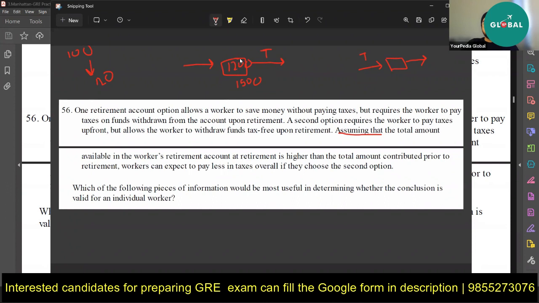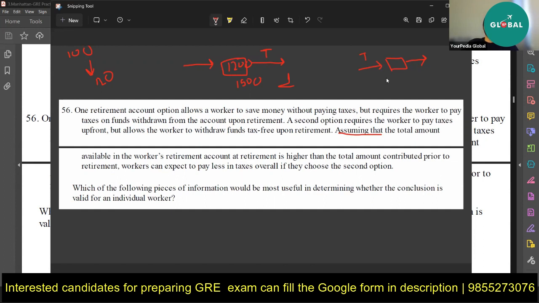He's saying if you're getting more money in the end and you choose the first option, where you pay tax while withdrawing, you're withdrawing more money than whatever you contributed, so you have to pay more tax. In the second option, you pay tax on this 100 rupees, not on 120. So you pay less tax if you choose the second option.